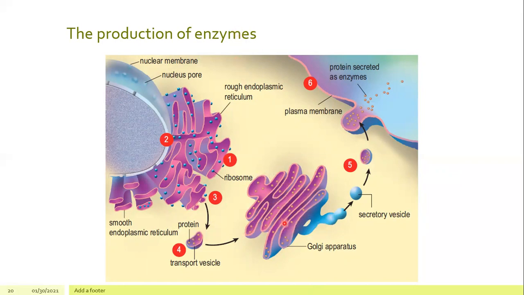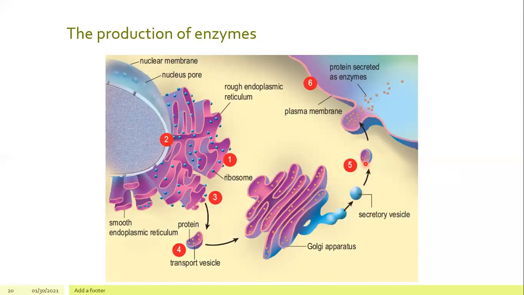In other cases, it might process the protein into something like a red blood cell; red blood cells are a kind of protein as well. In this case, it will produce an enzyme, and then it will be packaged in a secretory vesicle. Before the Golgi apparatus, it is a transport vesicle. After the Golgi apparatus, it becomes a secretory vesicle.